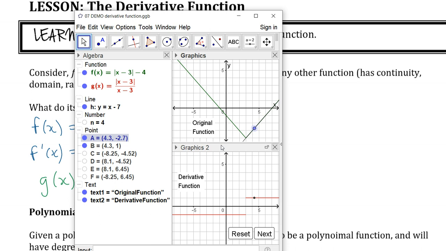And I'll give you this tip. The function doesn't exist there or there. The derivative function in this case does not exist at 3. Think about limits. If the function does not exist at 3, the limit doesn't exist, which we can see right here.